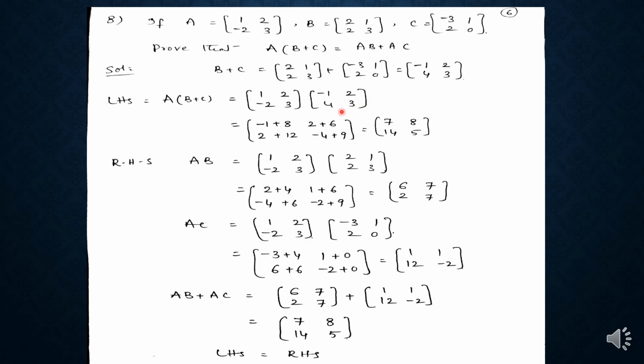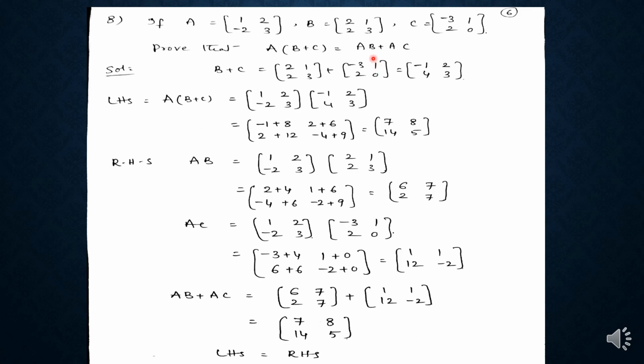Now take the first row into second column: 1 into 2, 2, plus 2 into 3, 6. Now the second row into first column: minus 2 into minus 1, 2, plus 3 into 4, 12. Minus 2 into 2, minus 4, plus 3 into 3, 9. That is equal to 8 minus 1, 7; 6 plus 2, 8; 2 plus 12, 14; minus 4 plus 9, 5. So that is A into (B plus C).